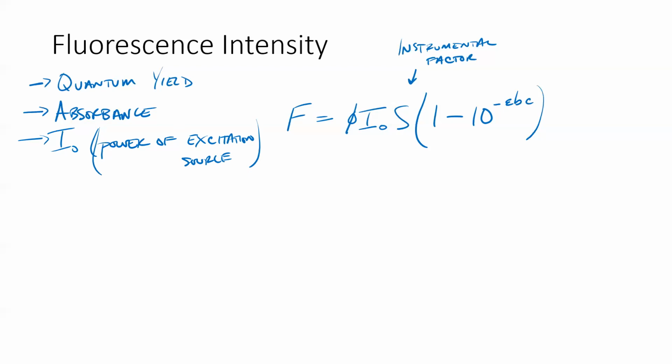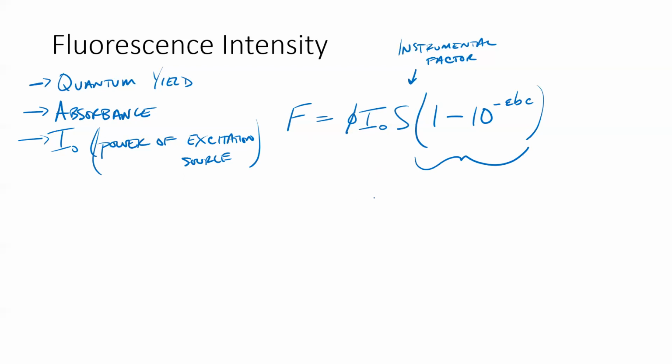There's a homework question that deals with using this equation, right? But you can see that as the quantum yield goes up, the intensity goes up. As the power of the excitation source goes up, the intensity goes up. And this piece here is a little harder to see right offhand, right?